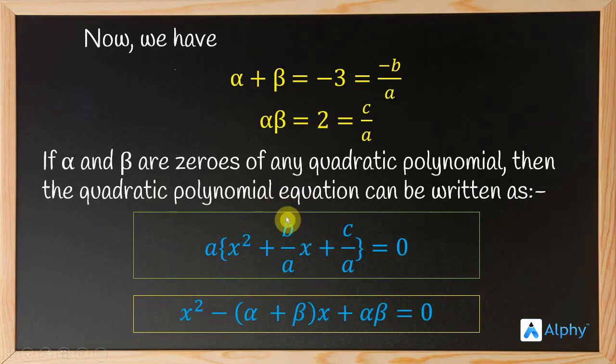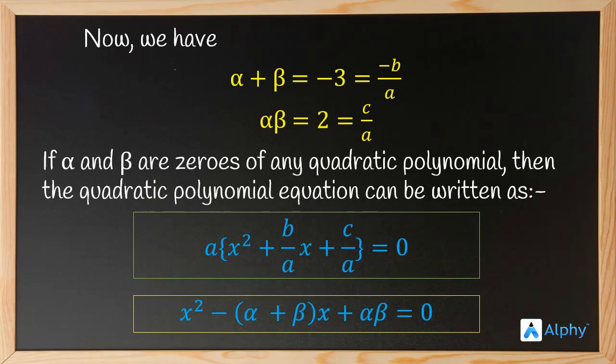Right here you can see that we have got a b by a term, and what we are going to do is replace this b by a by minus of alpha plus beta, as you can see from this equation, and we are going to replace this c by a as alpha beta. So when you do all this, you get this as the final equation, wherein x square minus alpha plus beta into x plus alpha beta equal to 0 becomes the equation of the quadratic polynomial.